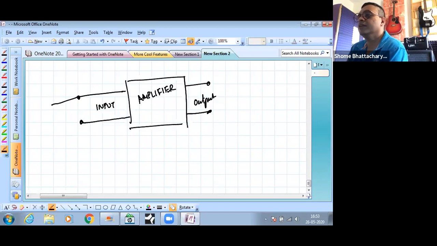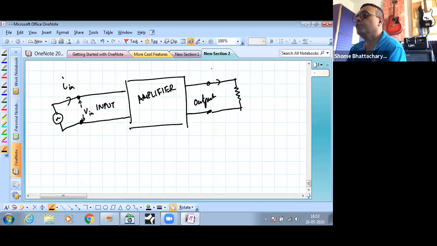So let's say you have connected some signal over here, which is sending a current I input, and the voltage across these two pins is the V input. And you connected some device here which is experiencing the output current. So it's like the load resistor or the load of the circuit, and the voltage across the load is becoming the output voltage. Whatever voltage you're measuring across this, that is becoming the output voltage.